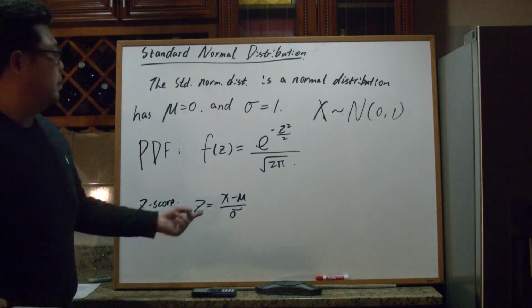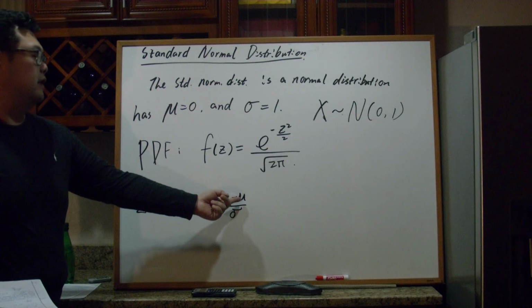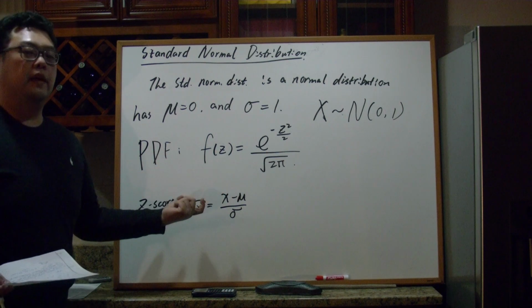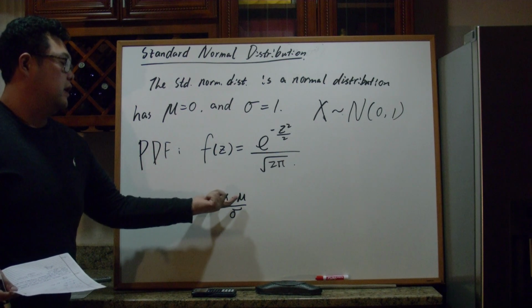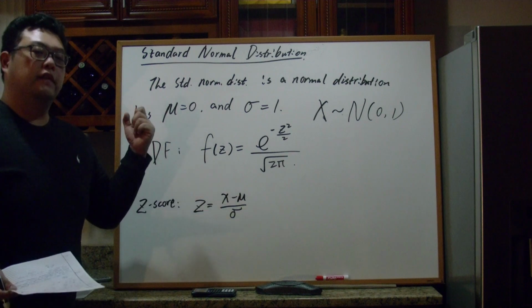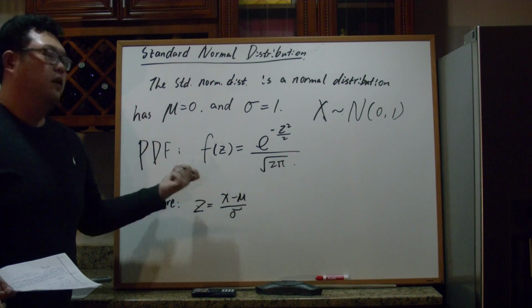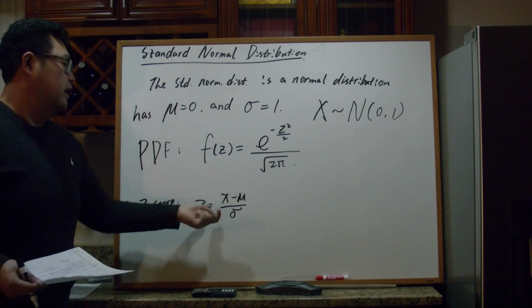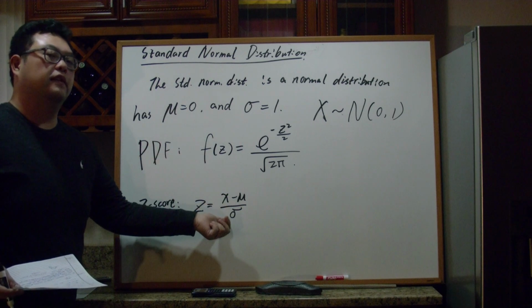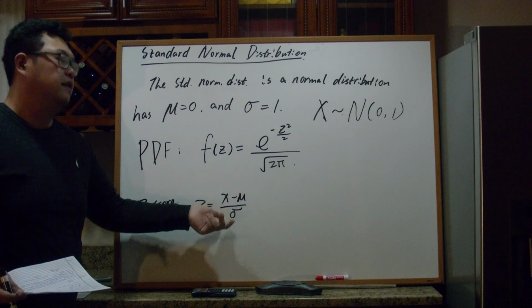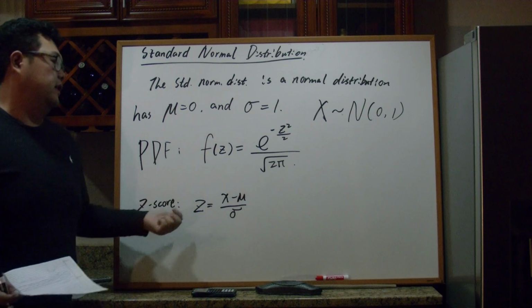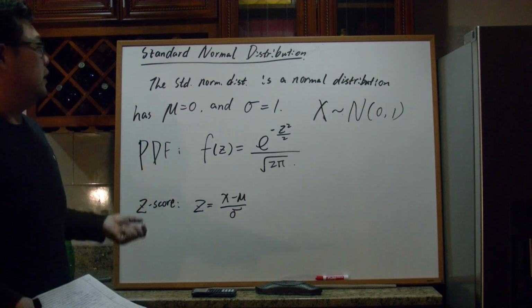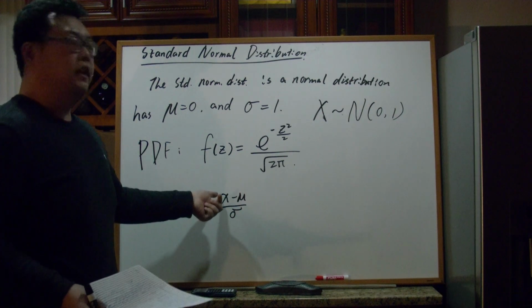For any random variable x with a different mean and different variance, what the z score does, as we mentioned before, is get rid of the effect of the mean, since x minus the mean will be centered at 0, and get rid of the effect of the standard deviation, since dividing by the standard deviation makes the standard deviation of the z score equal to 1. So it is standardized.